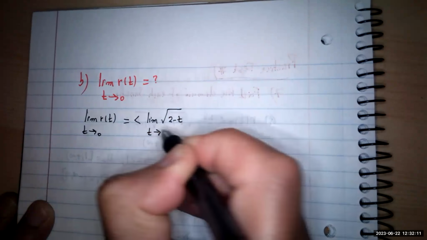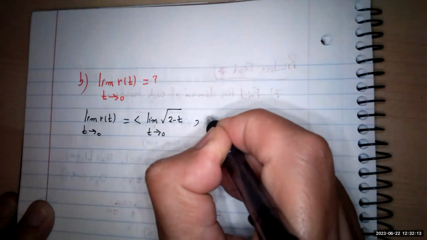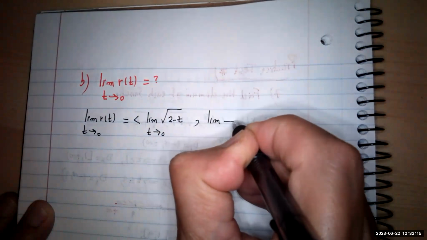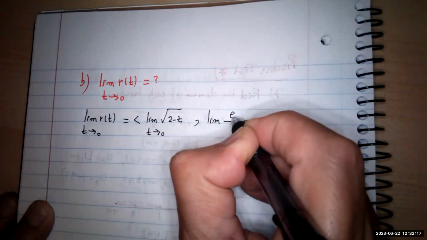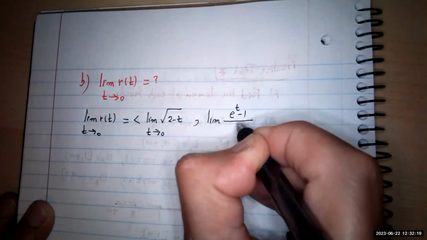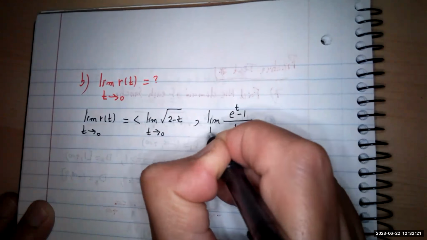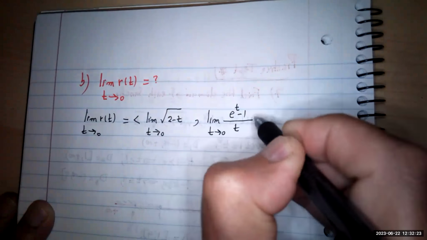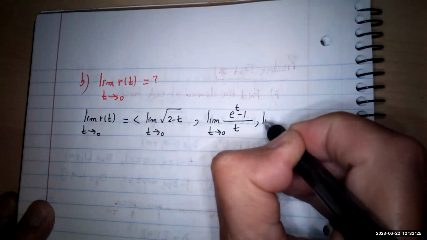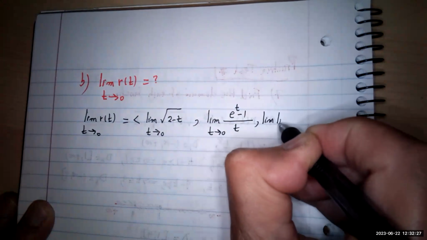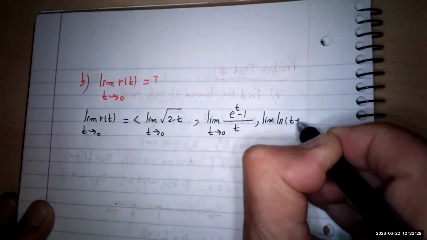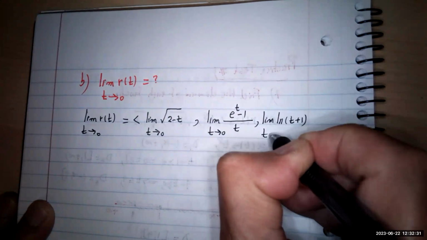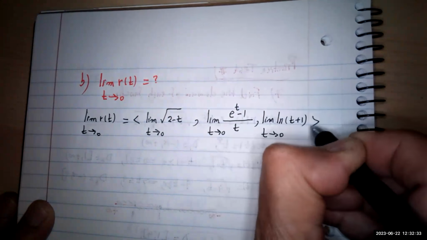The second one goes with the limit of e to the t minus 1 over t, t goes to 0. And the last one is the limit of ln of t plus 1 when t goes to 0. Just explain it. You can do it right away.